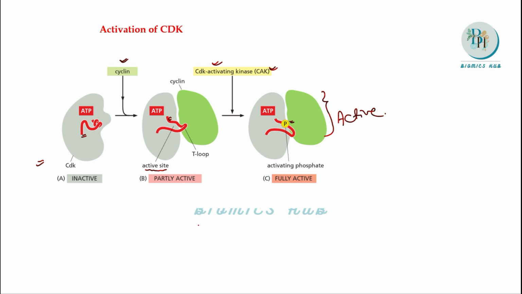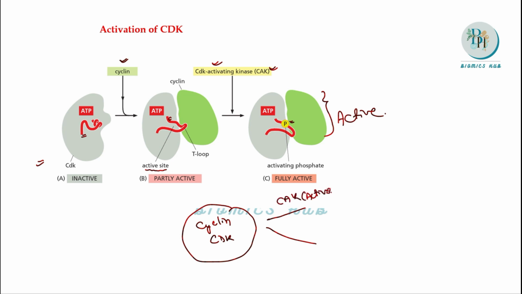Okay, so the cyclin and the CDK are regulated by two things: one is the activating kinase, one is the inhibiting kinase. The CAK which was present is the activating kinase. When it phosphorylates the CDK, now it is active.